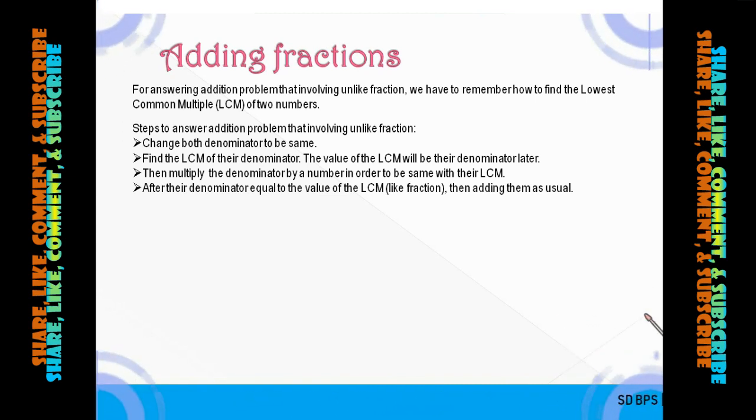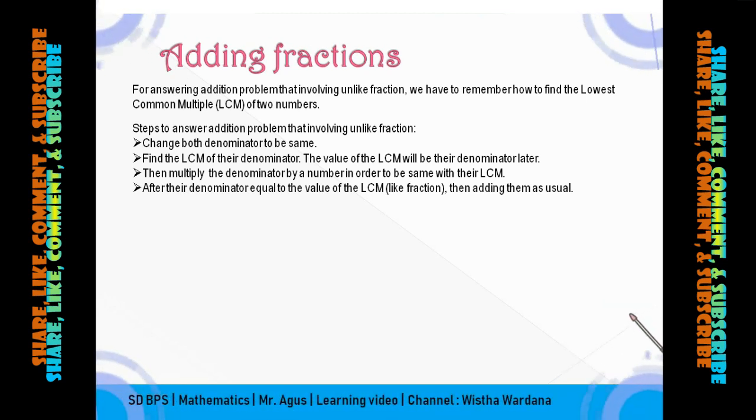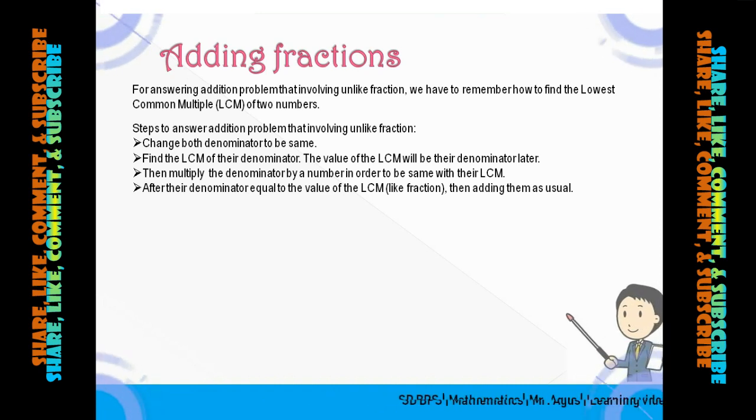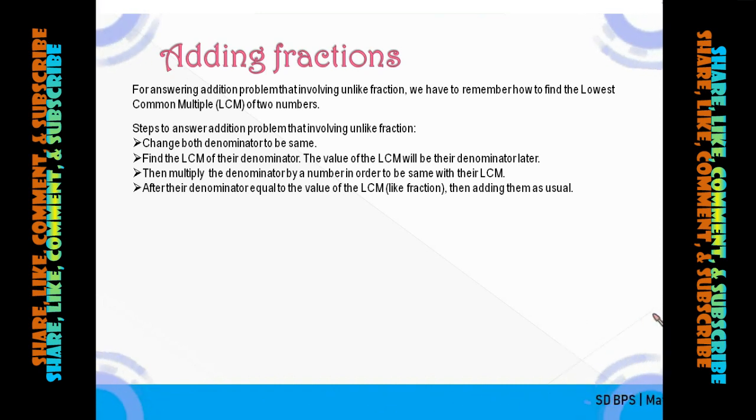Okay, the steps to answer an addition problem involving unlike fractions. The first one, change both denominators to be the same. The second one, find the LCM of their denominators. The value of the LCM will be their denominator later.